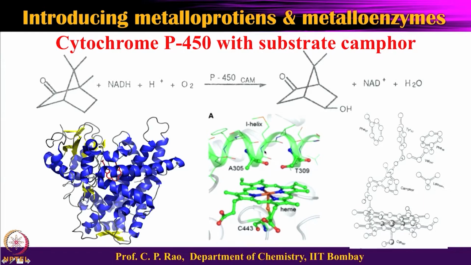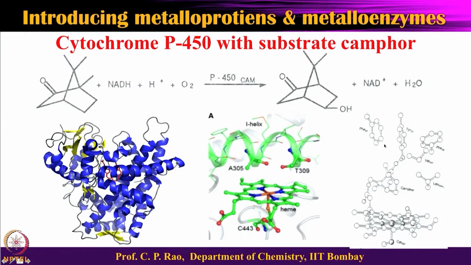Now, this is what we need. How does it get such very high selectivity in terms of regio and stereo? You see this particular structure. This is not from an apoprotein, which is the regular protein before the substrate is bound. This is a structure after the substrate is bound. If you put a substrate-like molecule, you can always get the structure, because that will be an inhibitor.